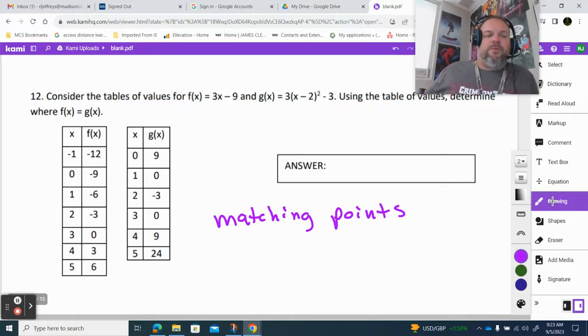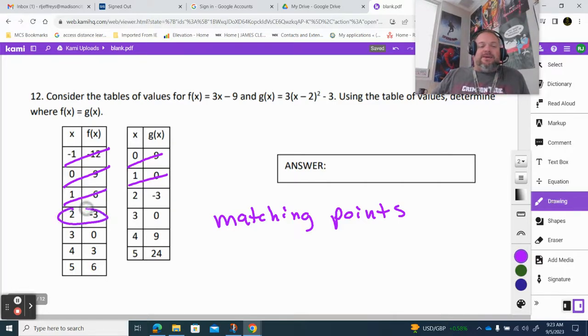This has a (-1, -12). This doesn't even have a -1. So guess what? That's gone. This has a (0, -9). This has a (0, 9). Are those the same? No. They have to be exactly the same. We have a (1, -6) and a (1, 0). Are those the same? Nope. We have two, oh, these are the same.